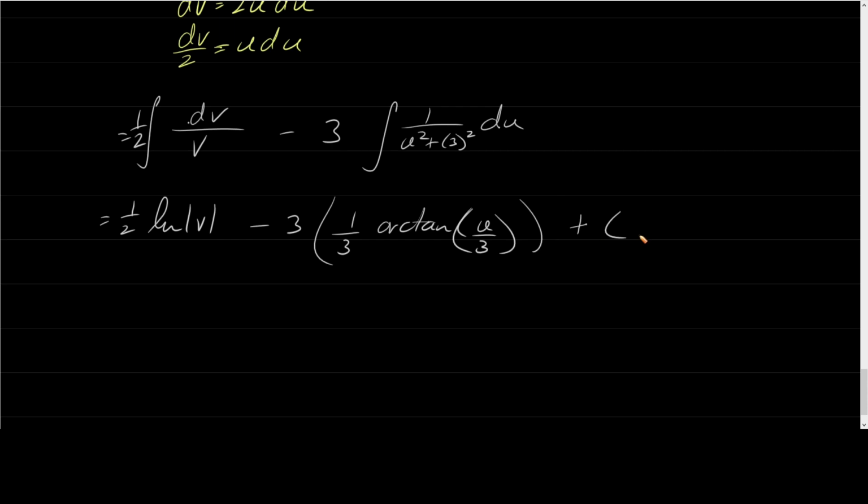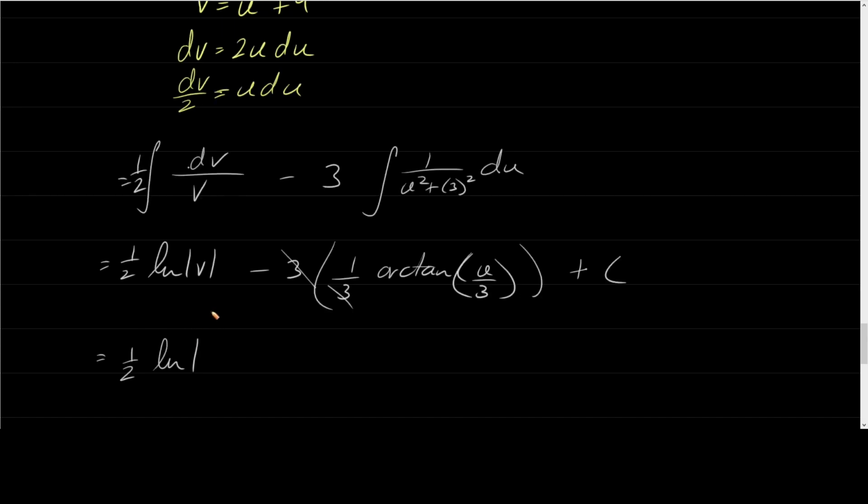That's what I meant to write. So at that point, we can say these threes cancel each other out, right? The problem was not about v or about u, so let's do some replacements here. So I have 1/2 ln of the absolute value of, well, what was our v? u squared plus 9. So we have u squared plus 9 minus arctan of u over 3 plus c.